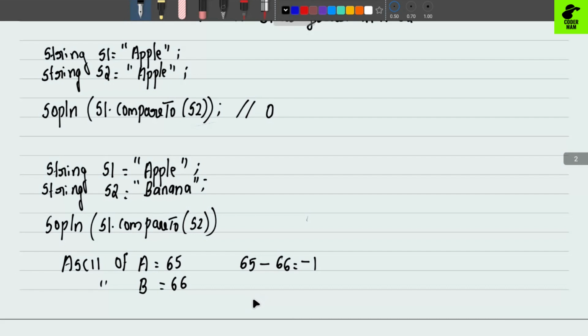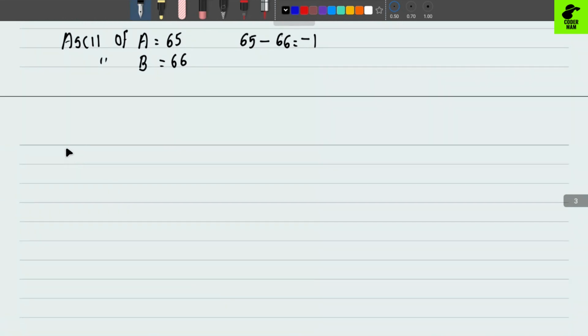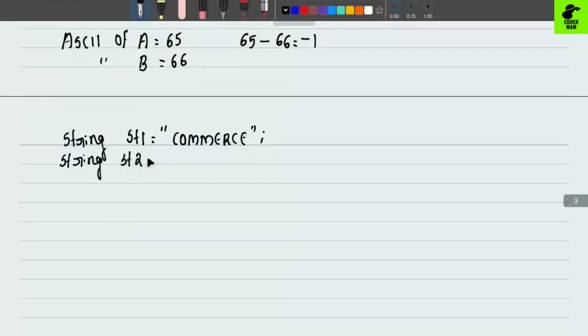Okay, now the third case. Here I am taking another string, st1 equal to commerce, then string st2 equal to computer.